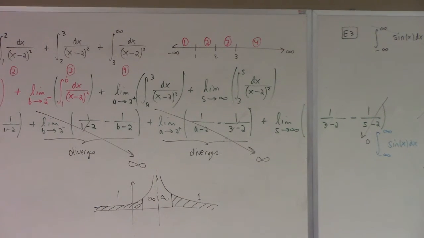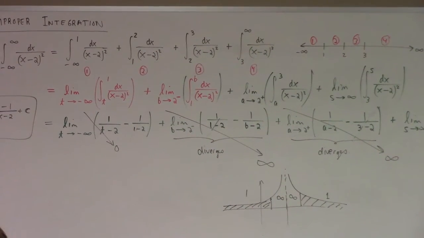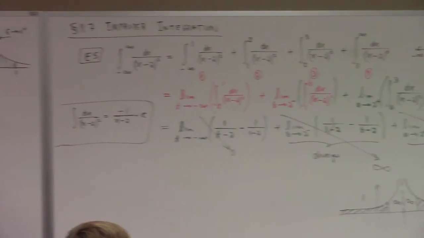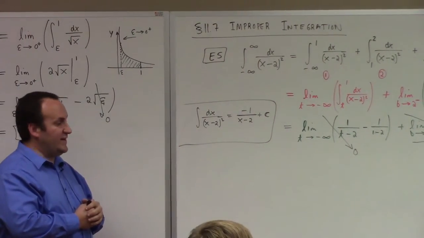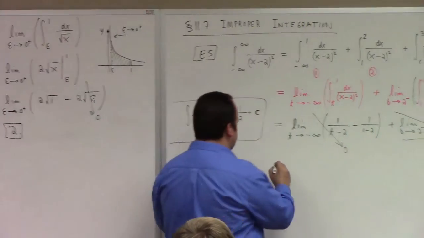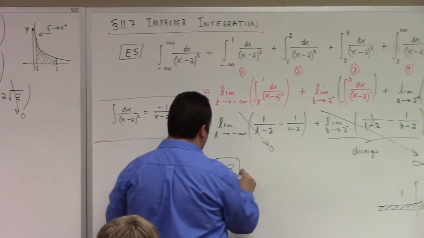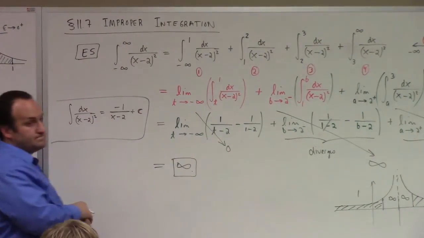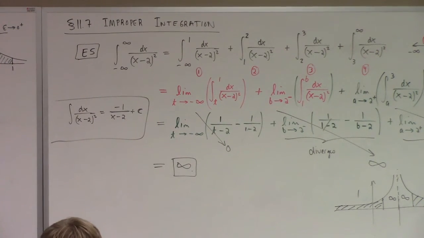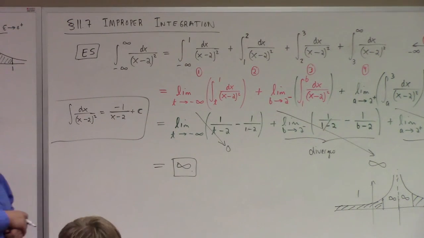So what would be the final answer? The final answer is infinity. The integral in total diverges. Even though it's bounded on both sides, it's unbounded in the middle, that's the thing.